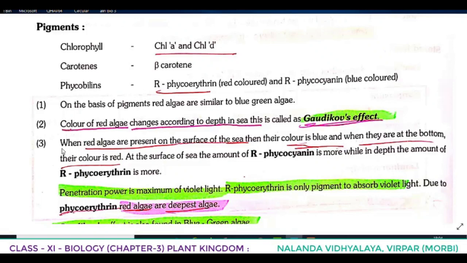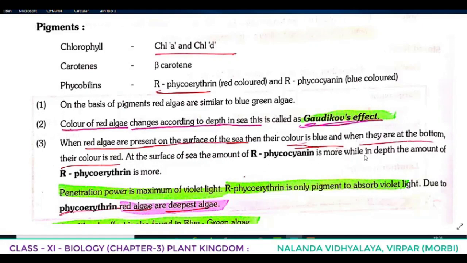Please note down that. What do you mean by Kylin's effect? Usually, the color of red algae changes according to depth in the sea, it is known as Kylin's effect. When red algae are present on the surface of the sea, then their color is blue. When they are at the bottom, their color is red. At the surface of sea, the amount of R-phycocyanin is more.